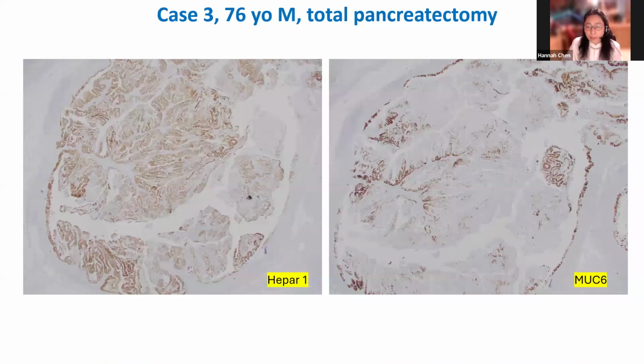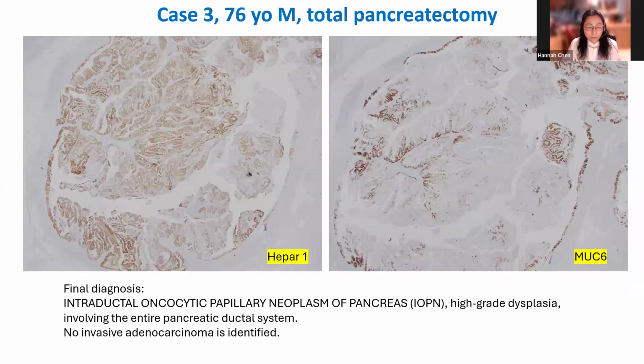The tumor cells are positive for HepPar-1 and Mark 6. The final diagnosis is intraductal oncocytic papillary neoplasm of the pancreas, or IOPN. By definition, it's high-grade dysplasia involving the entire pancreatic ductal system. There's no invasive adenocarcinoma associated with this IOPN.